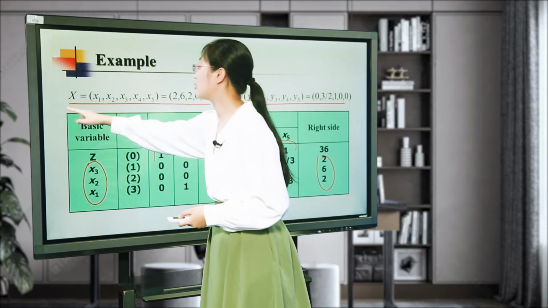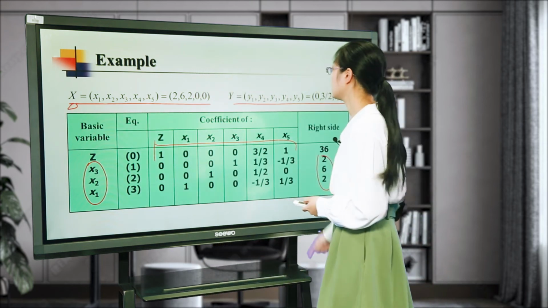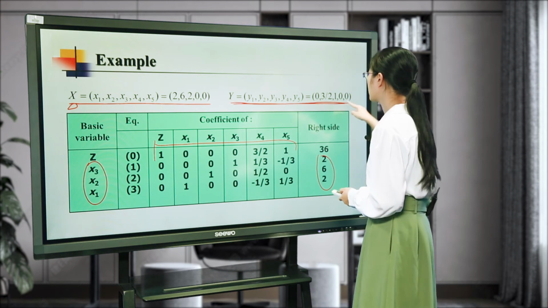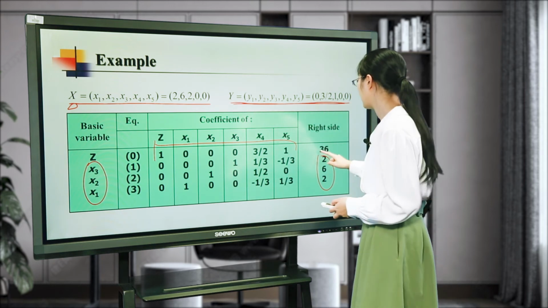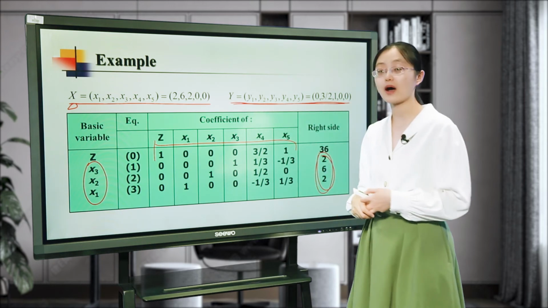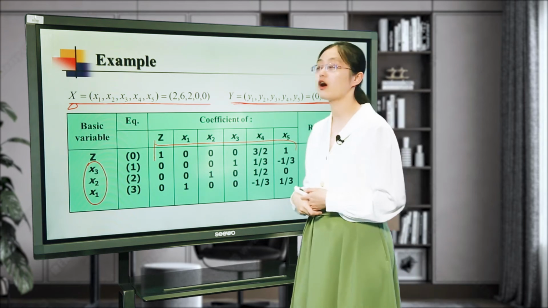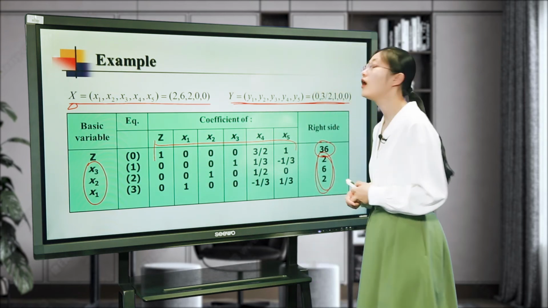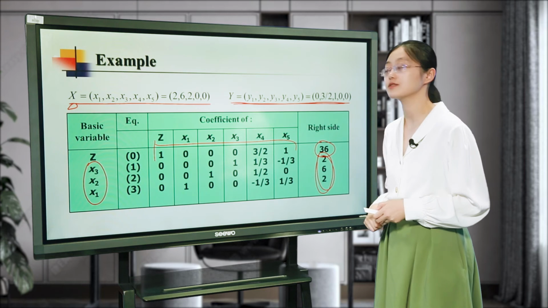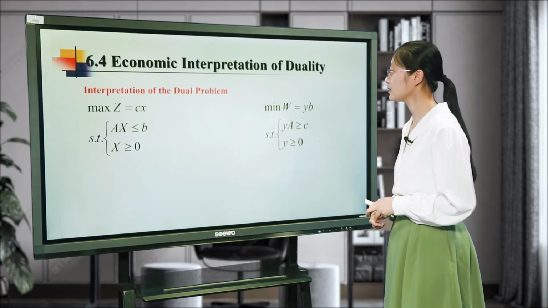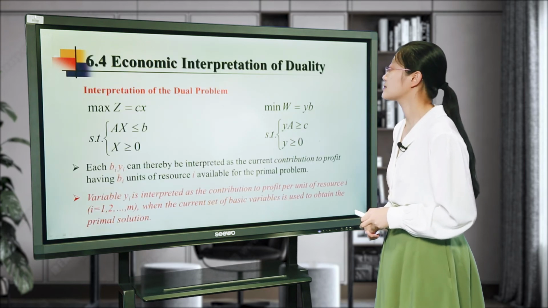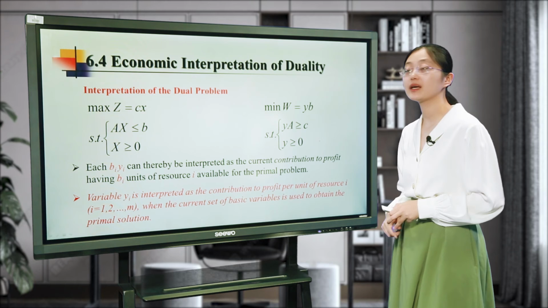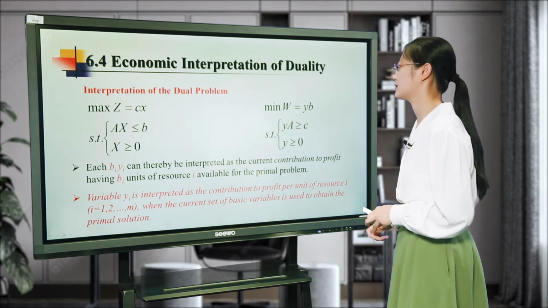So this is our optimal solution. And correspondingly, for y's, all the values are also non-negative, and then the right-hand side is also positive. So this is also an optimal solution for our dual problem, and they share the same value of the objective function, 36.